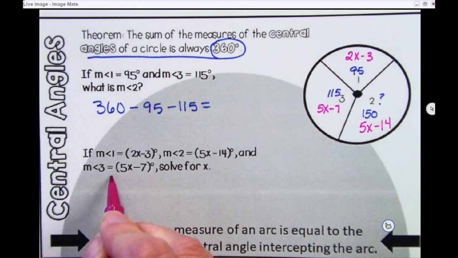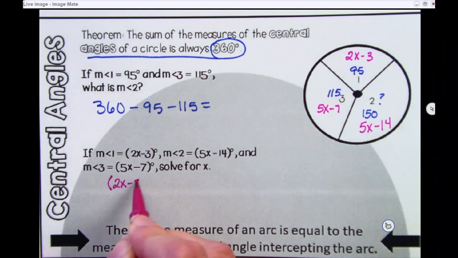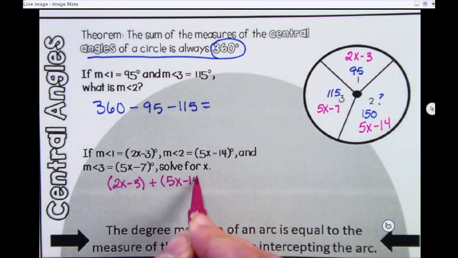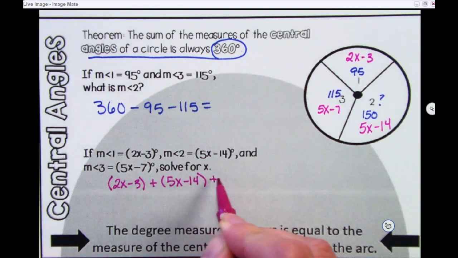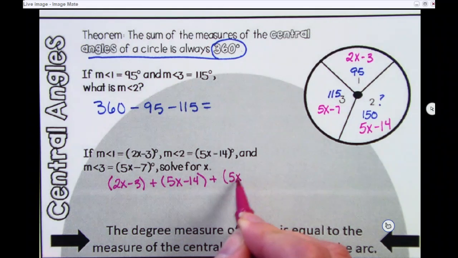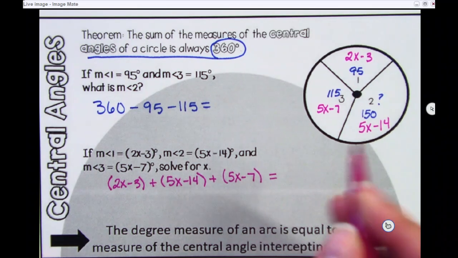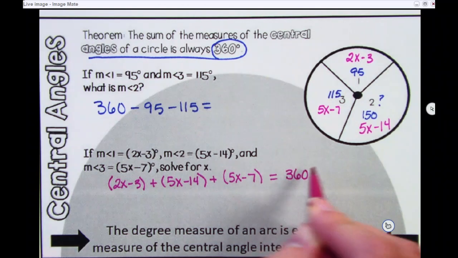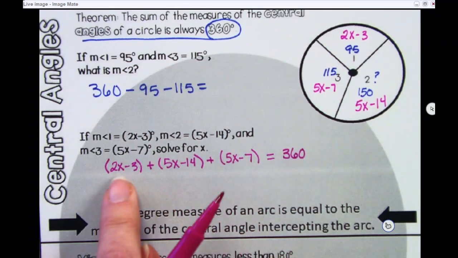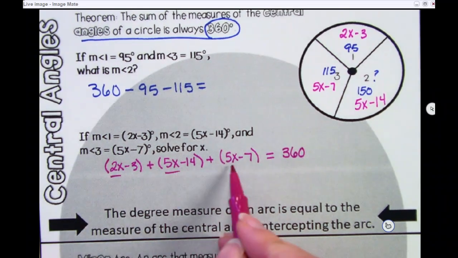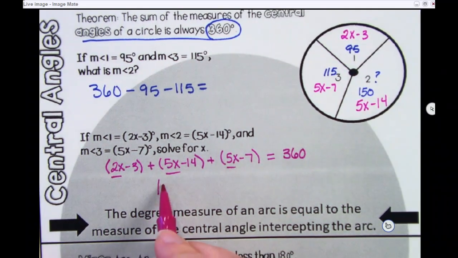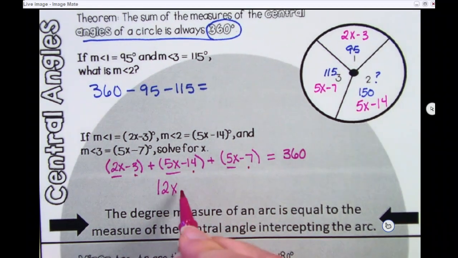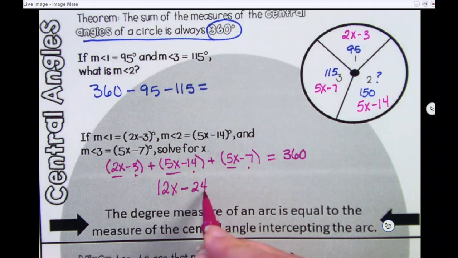So I can say 2x minus 3 plus 5x minus 14 plus 5x minus 7 equals 360. When I add those, I get 12x minus 24. You're already combining my like terms. Good. 12x, negative 3, negative 17, negative 24.